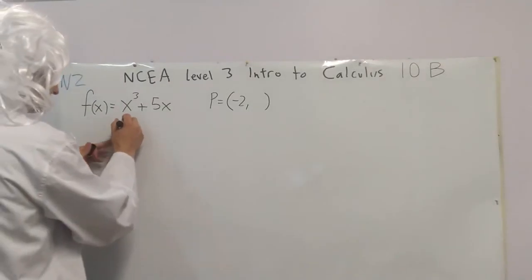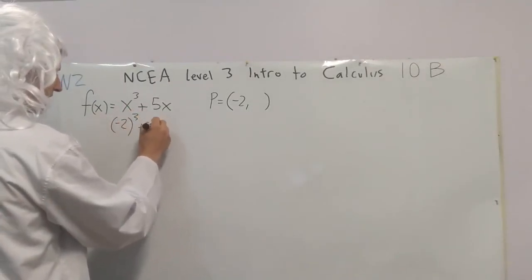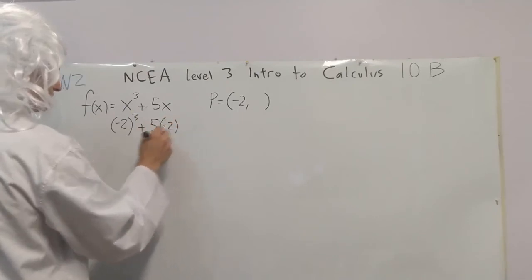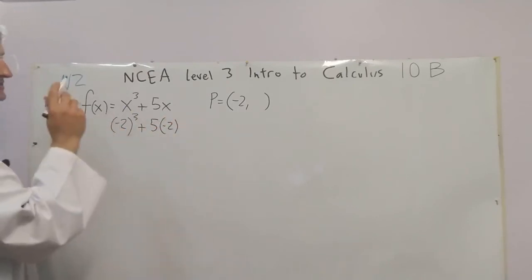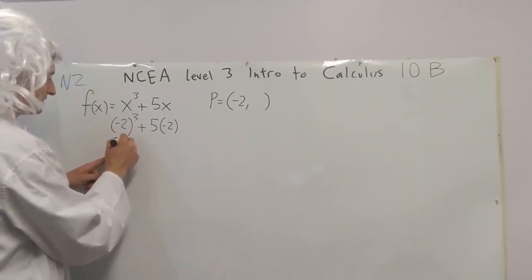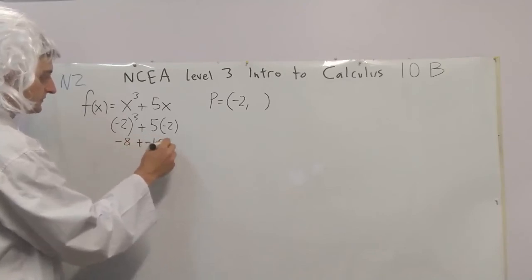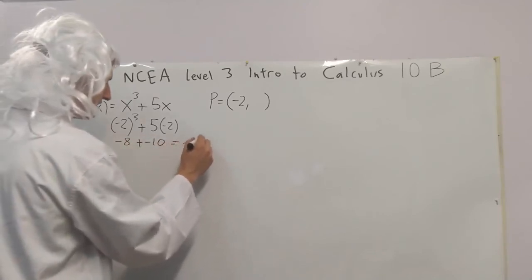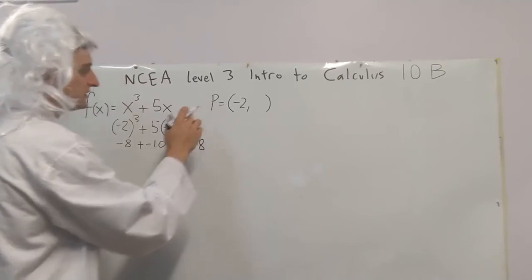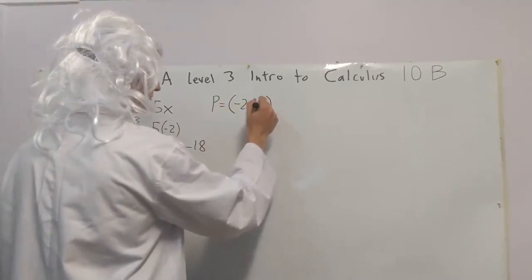That gives us -2 cubed plus 5 times -2. -2 times -2 times -2, this becomes -8 plus -10, this equals -18. So P is -2, -18.